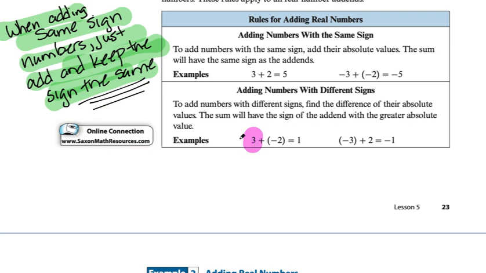Since 3 is bigger, the answer is going to take that sign. Over here, since 3 is bigger, the answer will now be negative, so the answer takes that sign. So it takes the sign of the bigger looking number, or the number that's furthest away from 0, or the number with the greatest absolute value. So again, here we're subtracting.